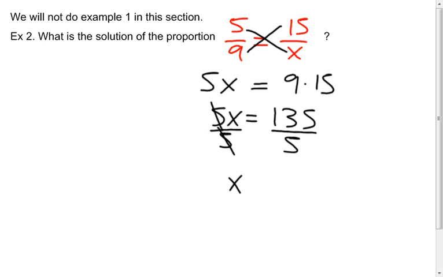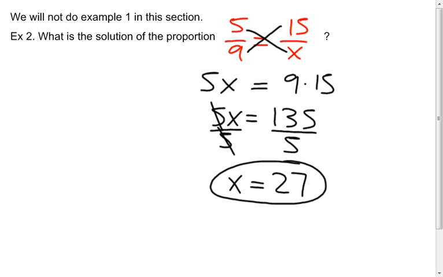And I get x equals 27. So I multiplied diagonally, multiplied out the 9 times the 15, did inverses to both sides, and I got my answer, x equals 27.